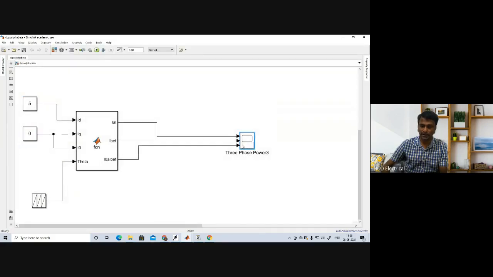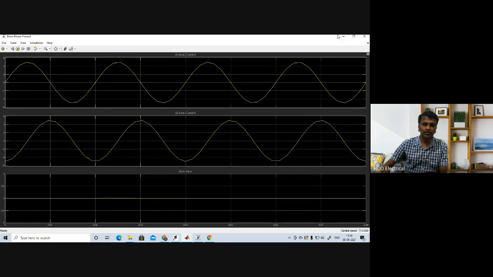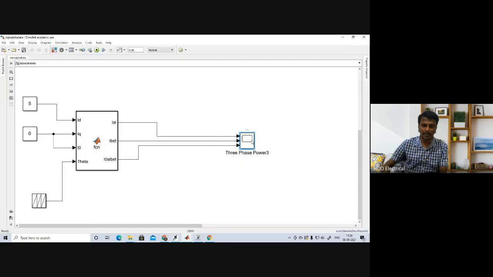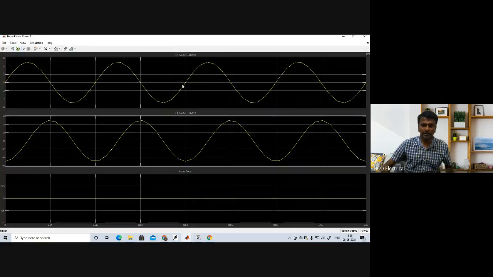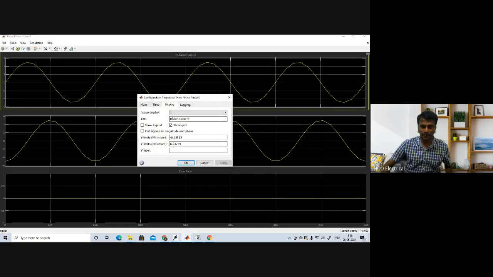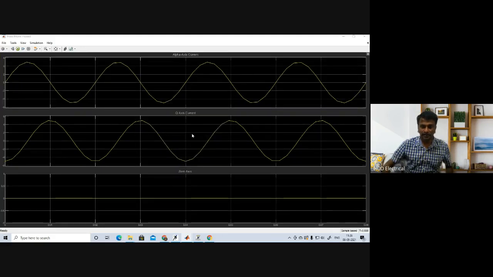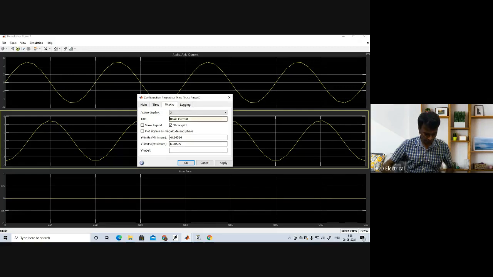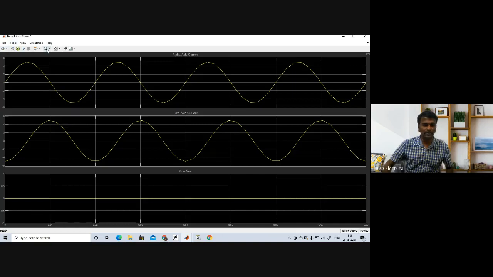The simulation is completed. See here, the input we have given is a DC value, but the outputs are alpha, beta, and zero. So this is the alpha axis current, and this is the beta axis current, then the zero axis.